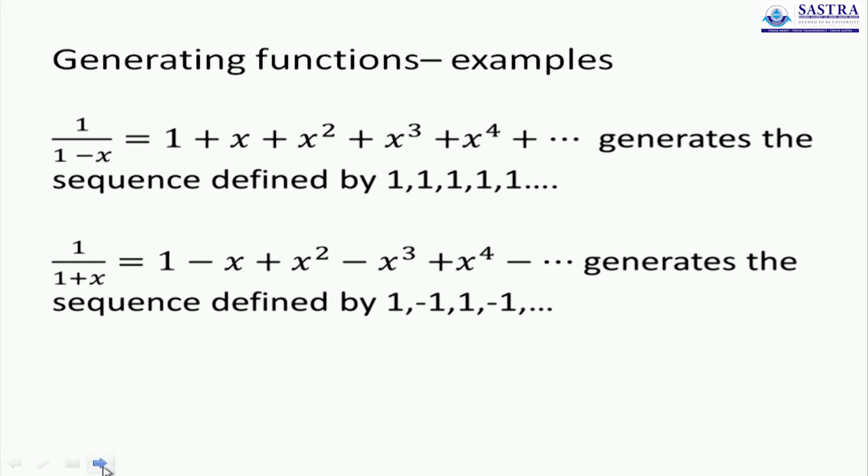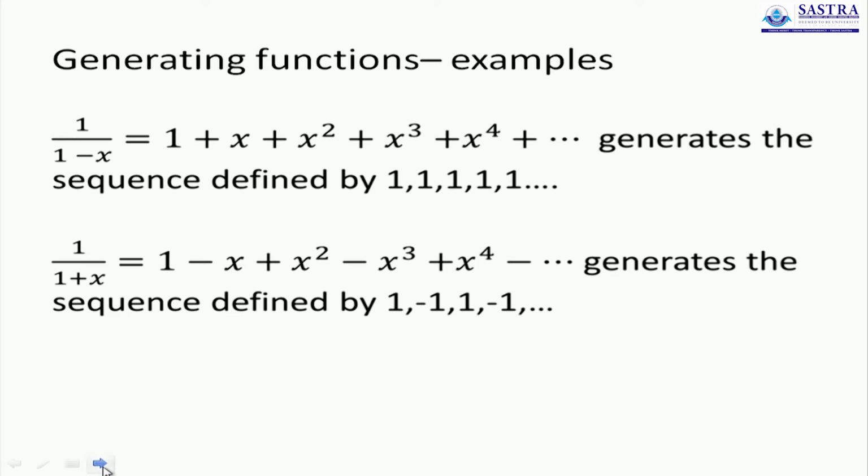Therefore the function f of x is 1 upon 1 minus x, and it is going to generate a sequence in which every term is 1. That is why you call them a generating function. It's not just a function, it's going to generate a sequence. Now if you expand the function in terms of powers of x, then the coefficients taken out separately and arranged across a line are going to generate a sequence.